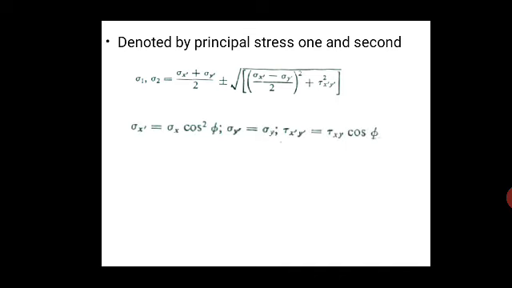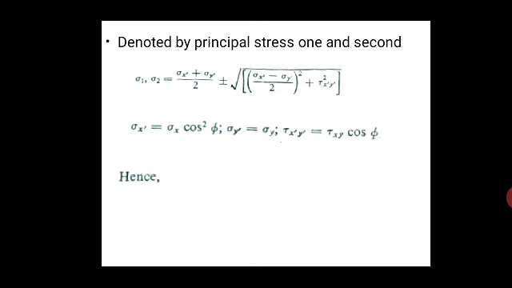Now, from the figure, we have the transformation of stresses. You can look into the sketch here. The transformation of stresses gives the equations sigma x dash is equal to sigma x into cos square phi, sigma y dash is equal to sigma y, and tau xy dash is equal to tau xy into cos phi.